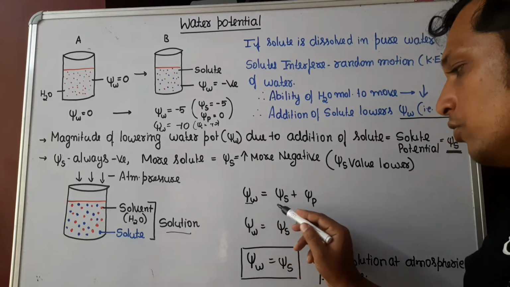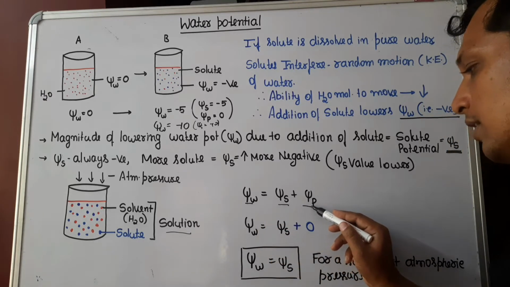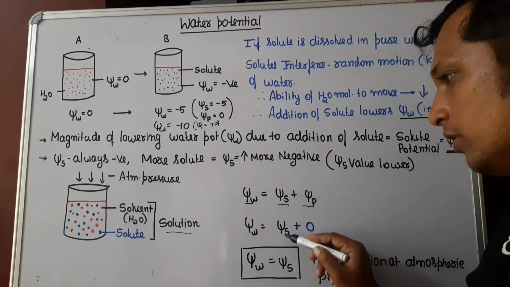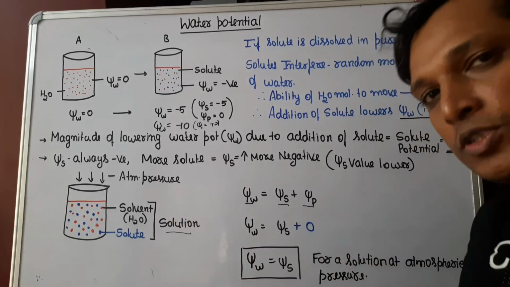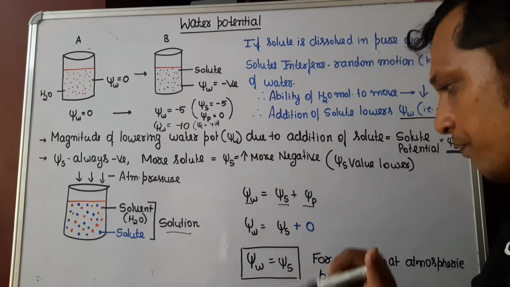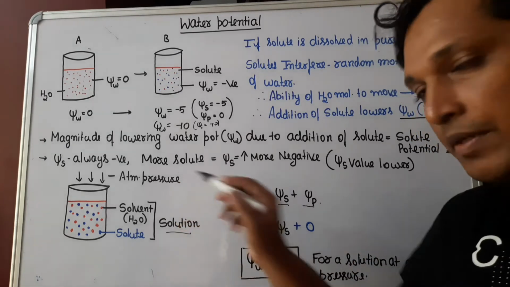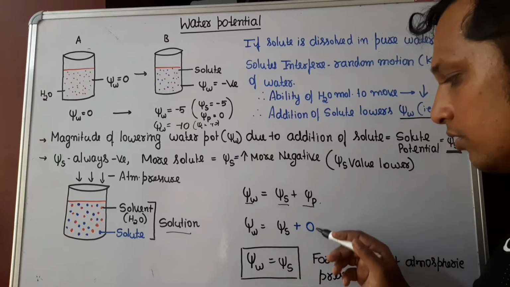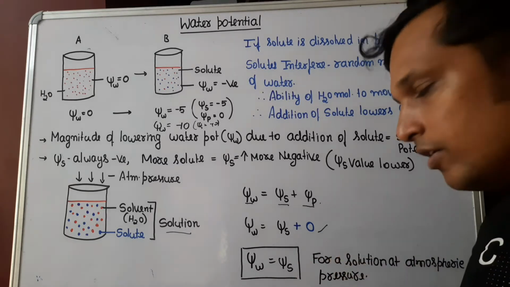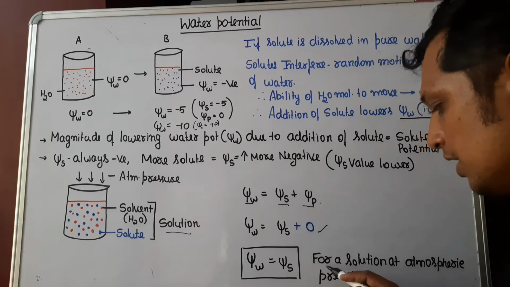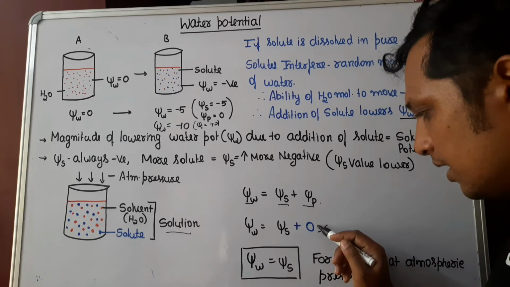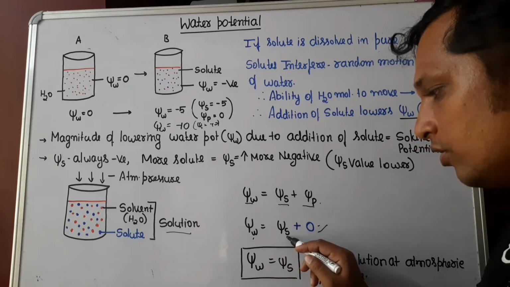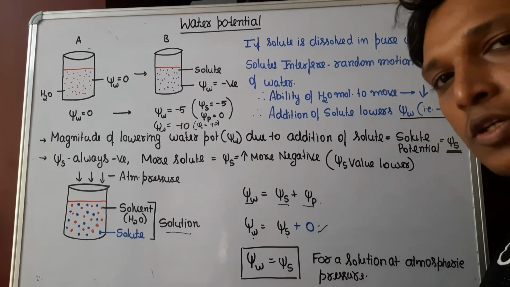Water potential of a solution depends upon how much solute potential is there and how much pressure potential is there. Solutes are there, we will not take a value. Pressure is atmospheric pressure, which is not contributing to net movement of water, so we consider it as 0. So for a solution at atmospheric pressure, its water potential becomes equal to the solute potential. Psi w is equal to psi s.